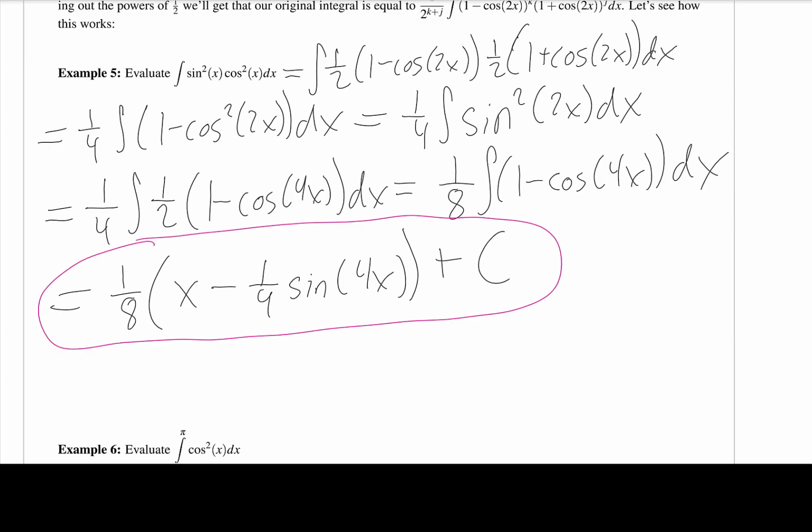And now we'll look at example number 6. So here again, we'll get to practice a definite integral. On this problem, we'll again be using our half angle identity.